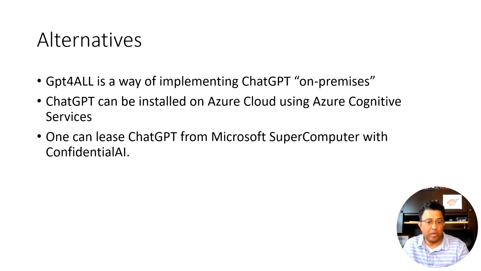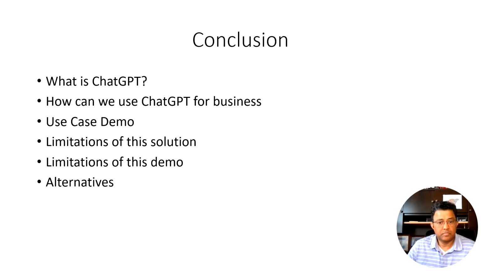Even though you are getting it from the supercomputer that Microsoft is maintaining, you can still put Chinese walls to basically separate the data of your organization from another organization. That's called confidential AI, and that's another way of handling this.